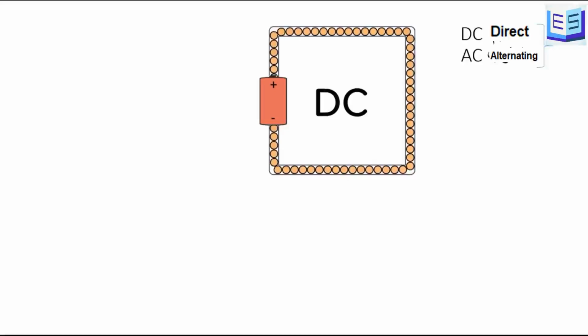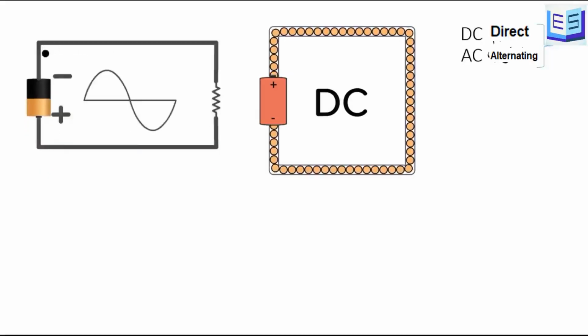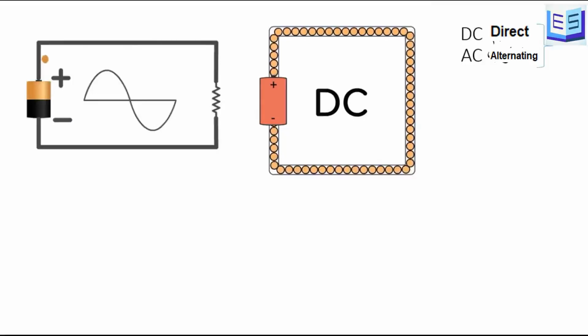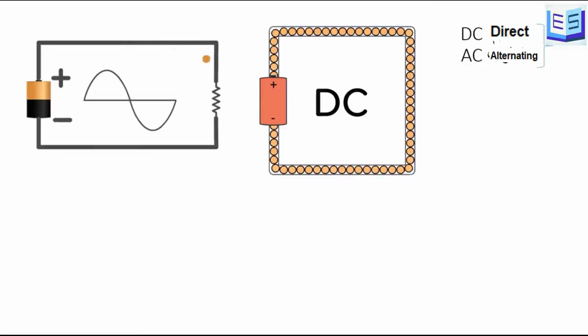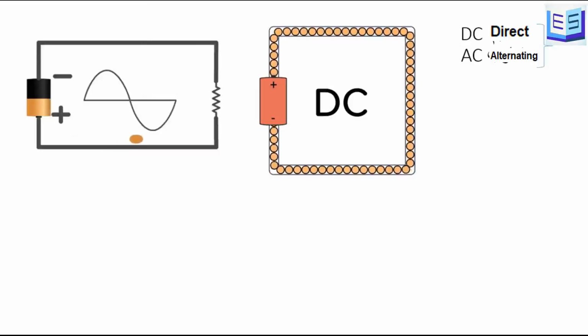But in alternating current, or AC, it is not like this, and the positions of the positive and negative polarities are constantly changing. As we mentioned, the direction of current flows from the positive polarity toward the negative polarity, so when the positive and negative polarities switch places, the direction of the current also changes.